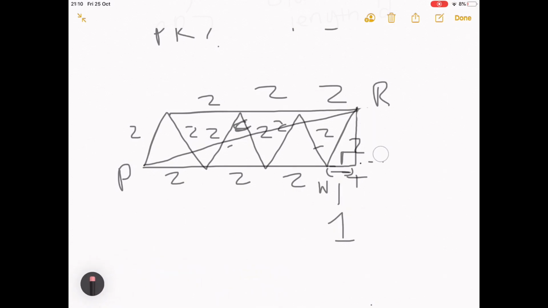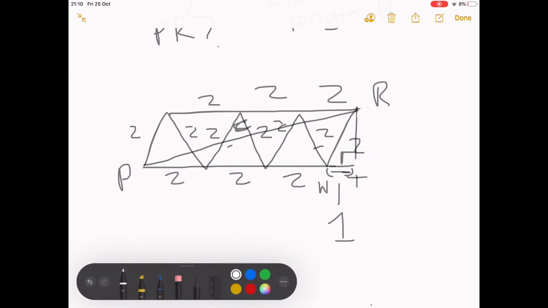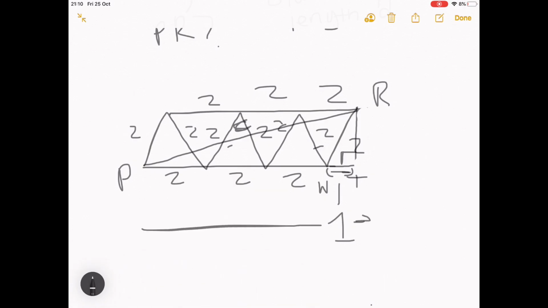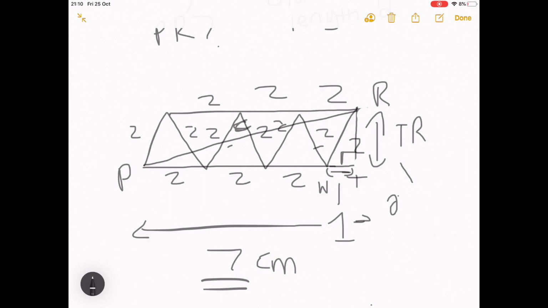We would have that. So we know this is 1, so we know the base of this whole thing is 7 centimeters, for example, and yes, then we know we want to figure out the height of TR, and to figure that out we can use Pythagoras theorem. So because we know that WT is 1, we can use a squared plus b squared equals c squared.